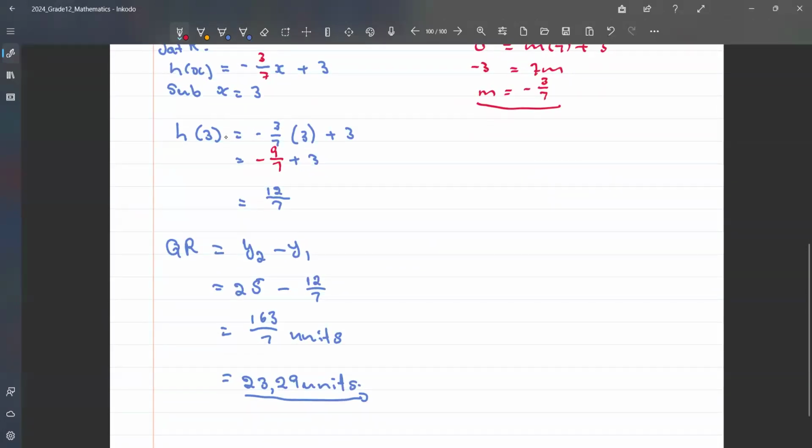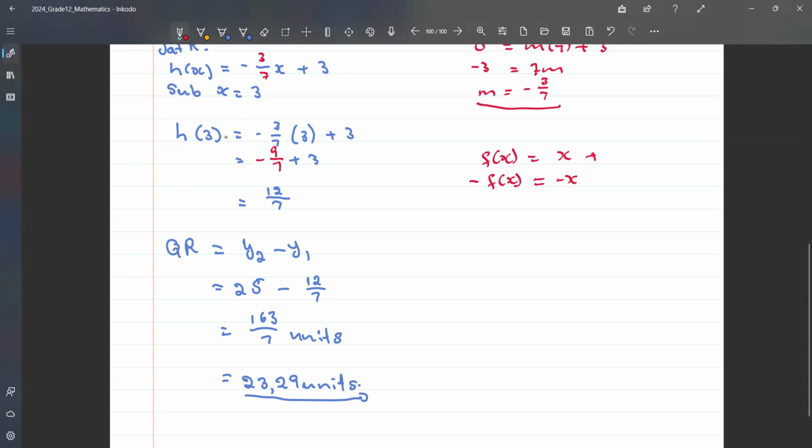So if you are given f of x, for example, equals x, when we say negative f of x, we are then reflecting the whole function of f along the x-axis line. So your equation becomes negative x.